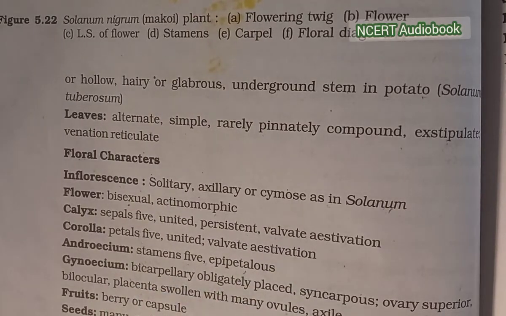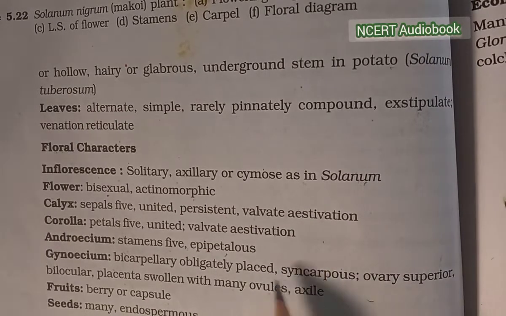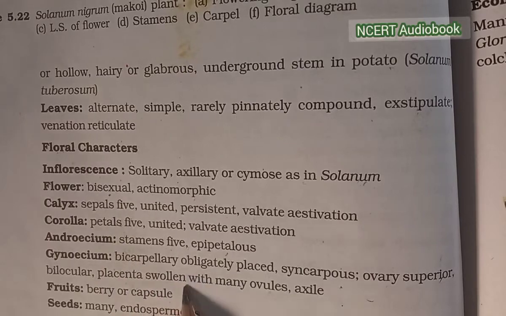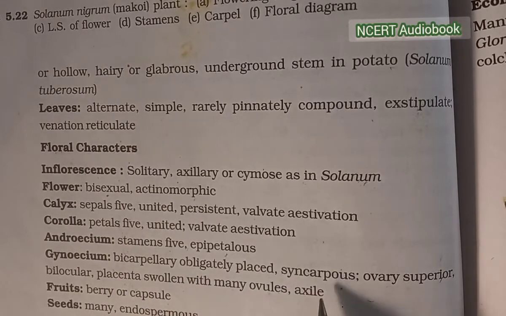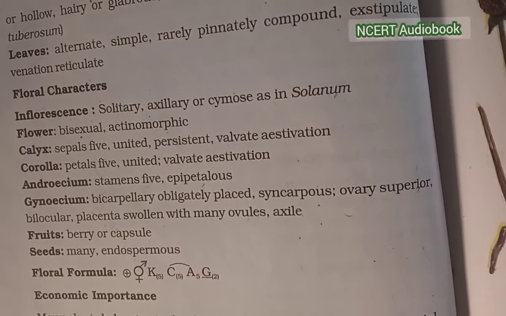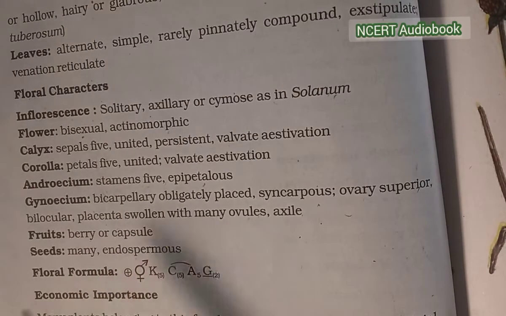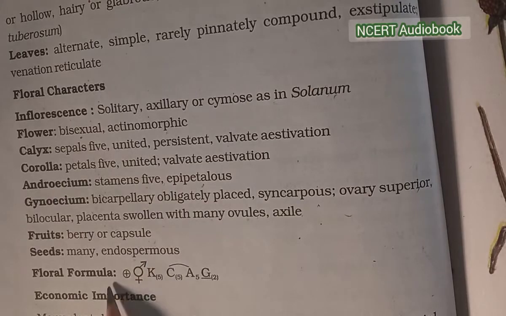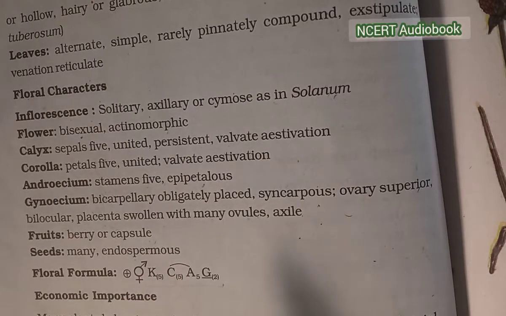Gynoecium, bicarpellary, obliquely placed, syncarpous, ovary superior, bilocular, placenta swollen with many ovules and axile. Fruit is of berry or capsule type. Seeds many, endospermous, and the floral formula is like that.